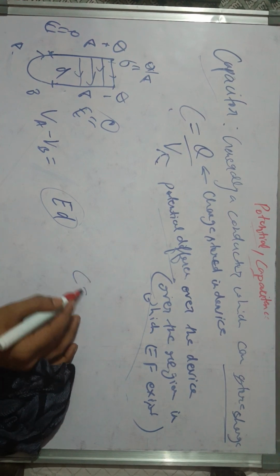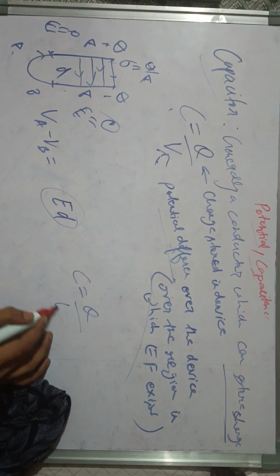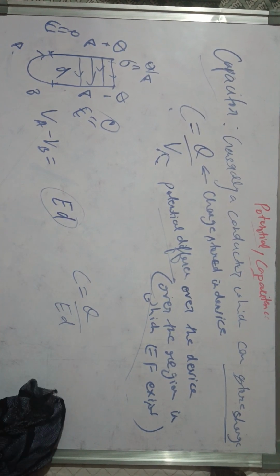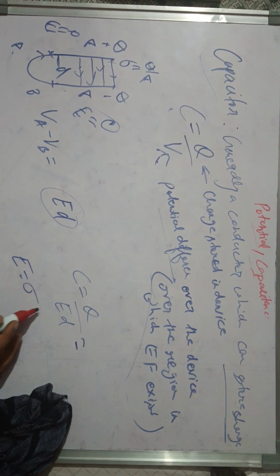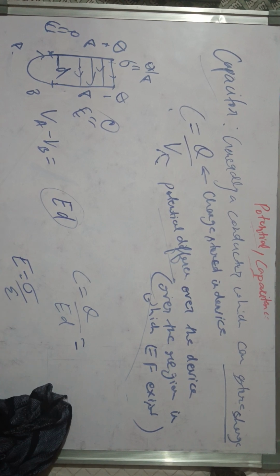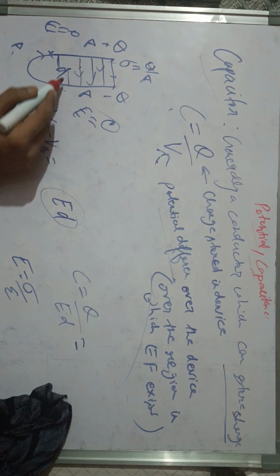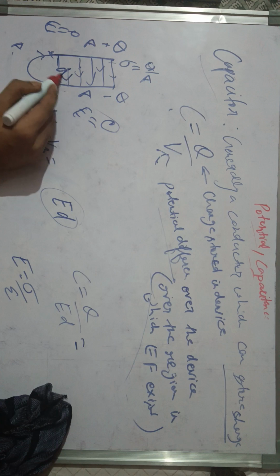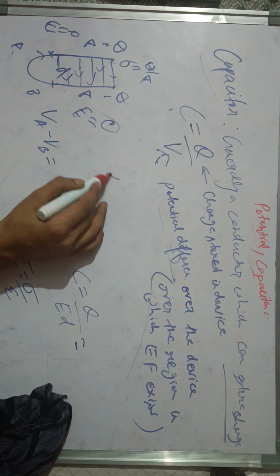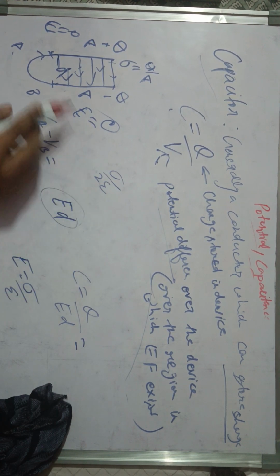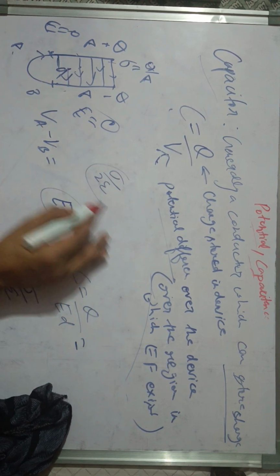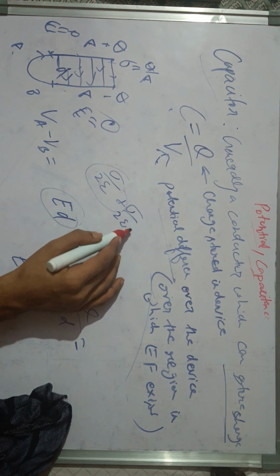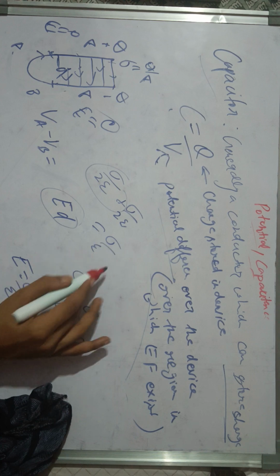Now the capacitance will be equal to the charge stored q divided by E d, and the value of electric field in this region is equal to sigma by epsilon. How? The electric field due to this negative surface charge density is sigma by 2 epsilon in this direction, and due to this plate is also in this direction of same value, and the sum of both electric fields will give sigma by epsilon.